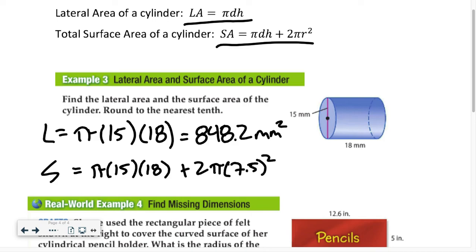So substitute your radius, plugging all of this in, you get 1,201.7 millimeters squared if you go to the nearest tenth. So that's surface area.